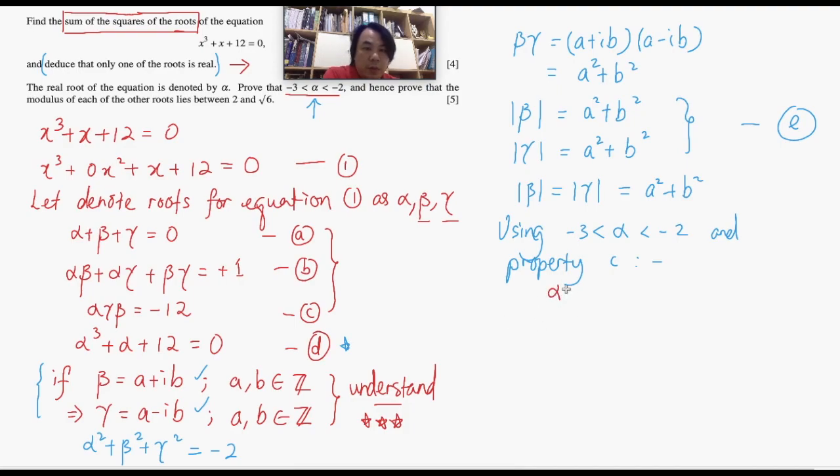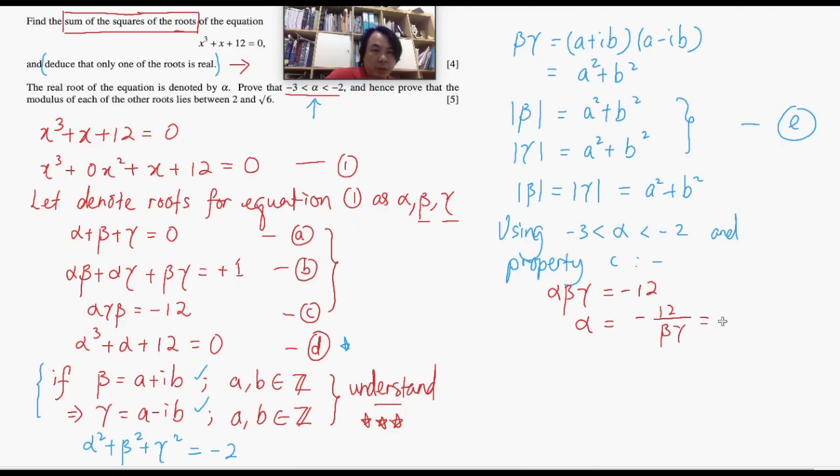So we have alpha beta gamma equal to -12. So from here, we can state that alpha is actually -12 over beta gamma. And then we know that beta multiplied with gamma is exactly the same as the square of the magnitude of the complex number itself, or the modulus of the complex number.